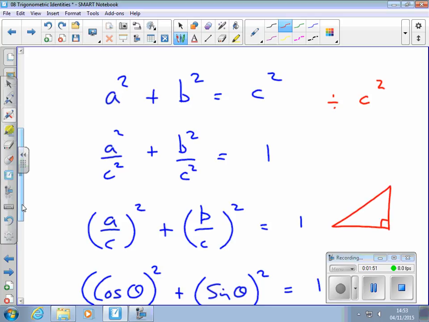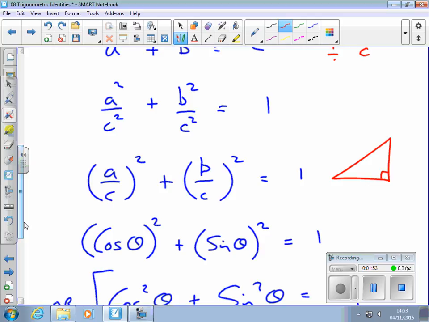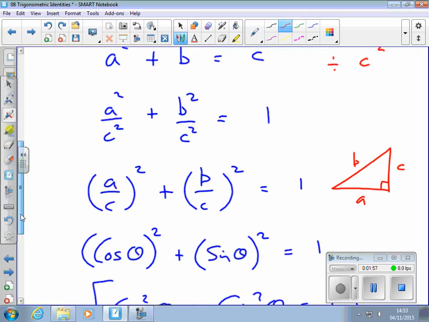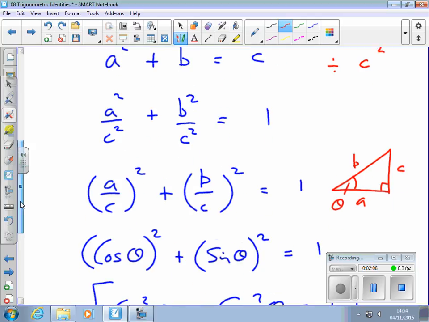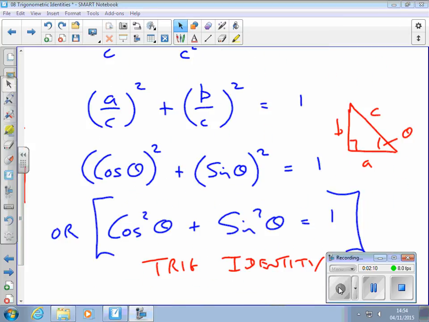So if we look at this right-angled triangle, where that's A, that's B, and that's C, and this is theta, I've still written it the wrong way around. So carrying on, if we look at this, what's A over C?